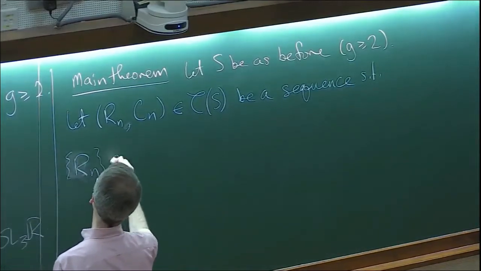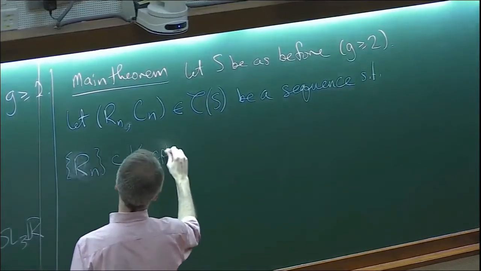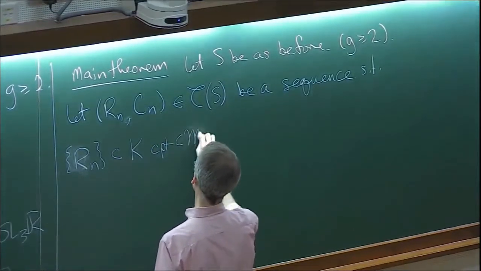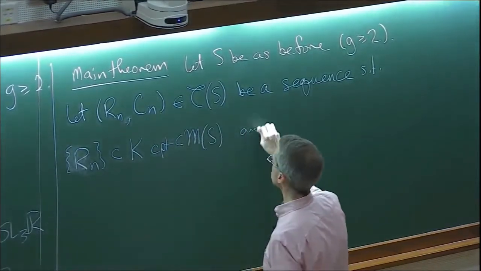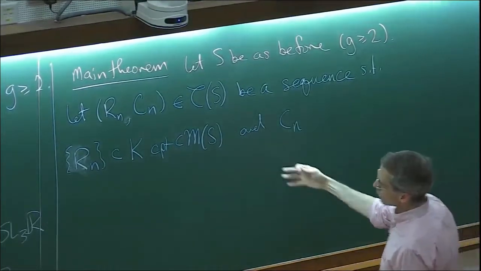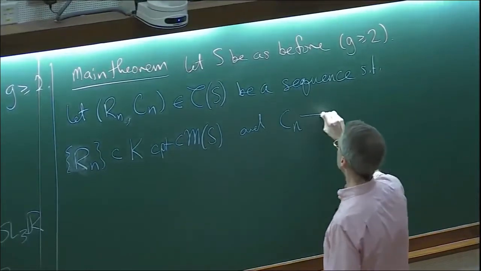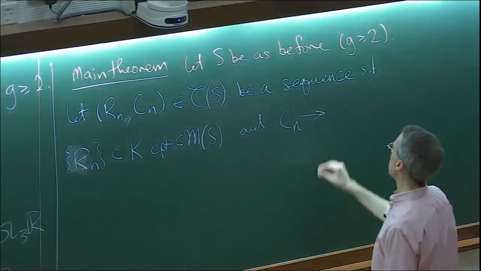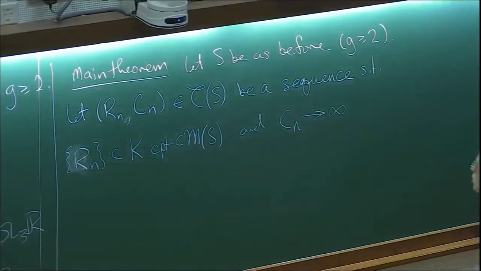So the entire sequence Rn is contained in some K, which is a compact set inside of the moduli space. And then something that I can make sense of only because I've had this assumption of boundedness of Rn, I want the cubic differentials to go to infinity.